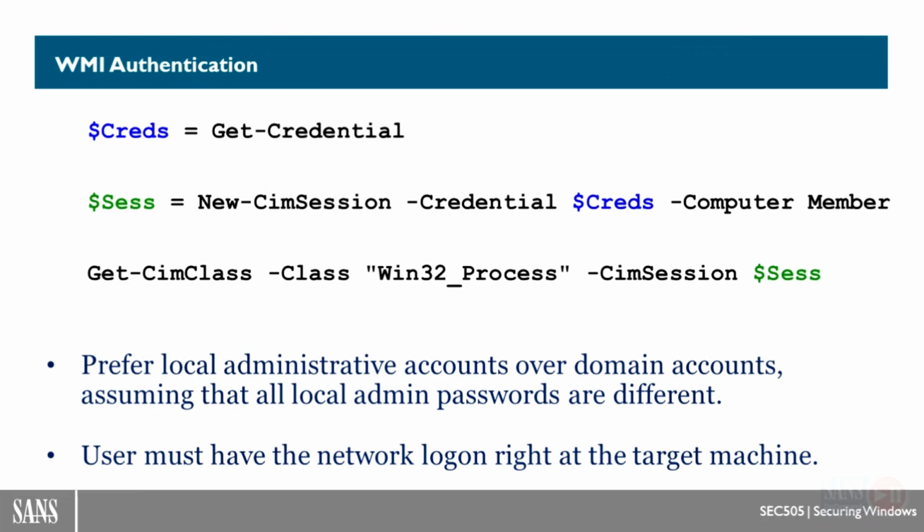It's just a shorter way of doing that exact same query. The main thing to see here is how these CIM WMI cmdlets all support a session parameter that allows you to reuse the same session over and over again. So the slide demonstrates how to authenticate with a local account, or in general, how to authenticate explicitly or manually.